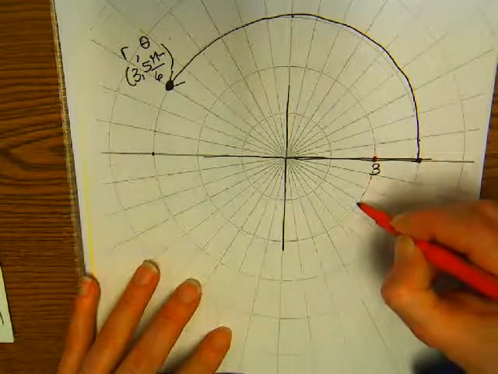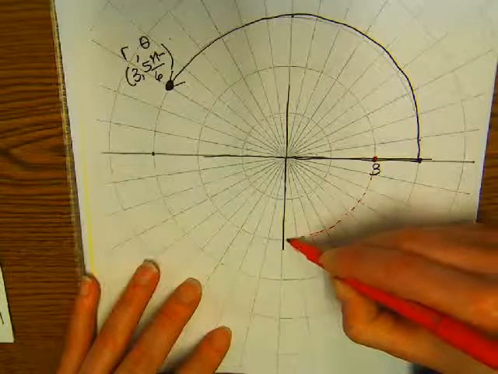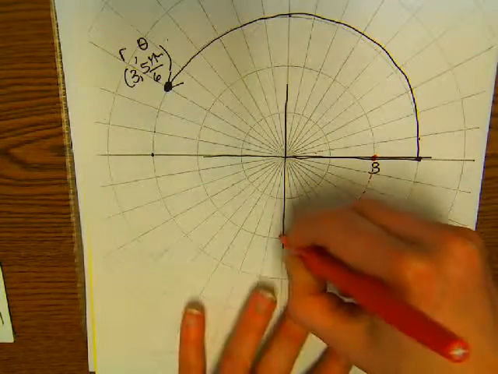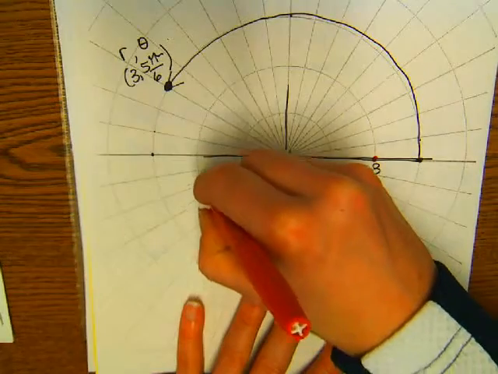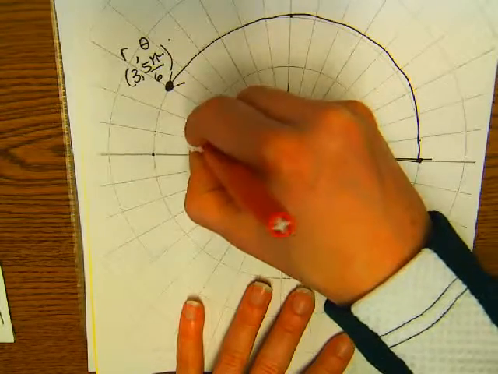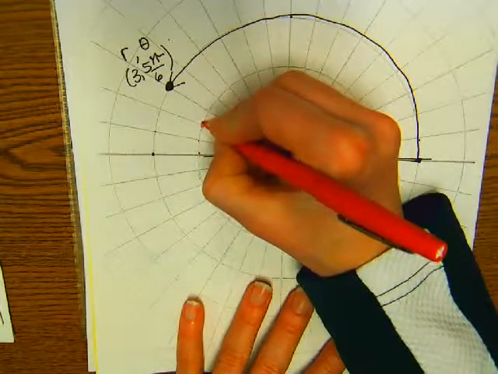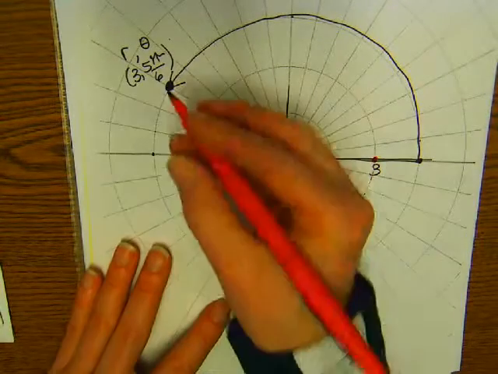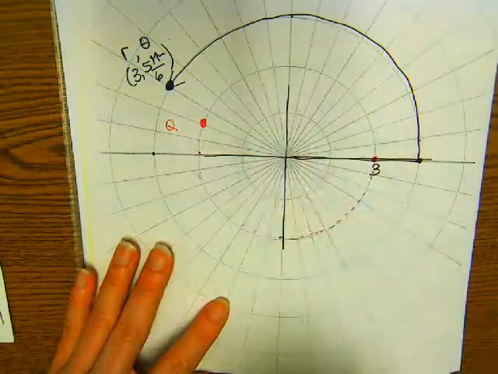Okay, I'm stopping. That's negative 90, right? Okay, keep going. This is negative 180, 190. That's where that point would be. What if you just added 360? Yay, we're going to talk about that next.